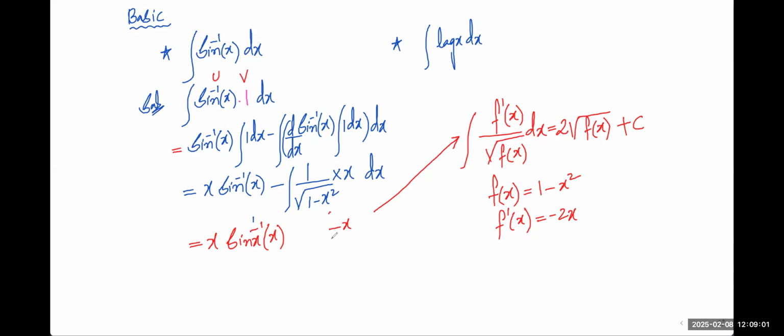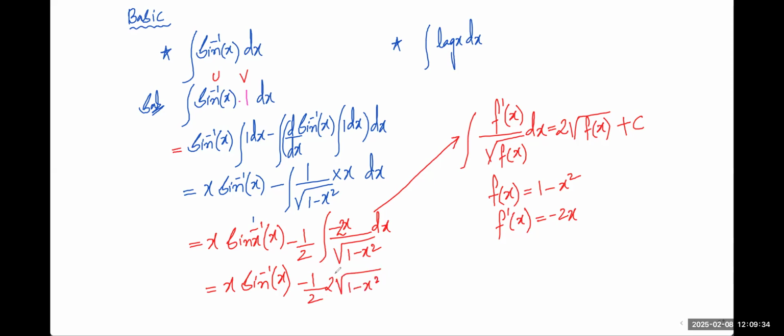I am giving all this just to explain the basics. So multiply and divide by 2, we are doing, minus 1/2 and this 2. Now see, this has come into perfect formula form: x sine inverse of x minus 1/2 into, instead of all this, the answer is 2 root f of x, where 2 root f of x is root of 1 minus x square. These 2 and 2 cancel.